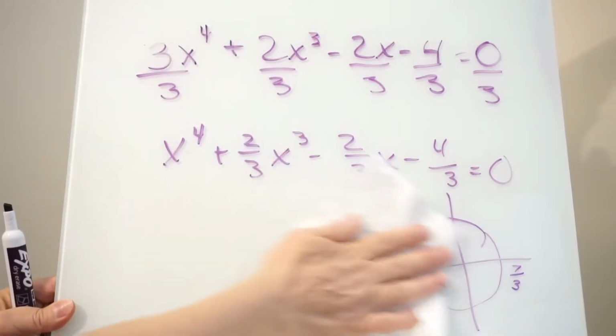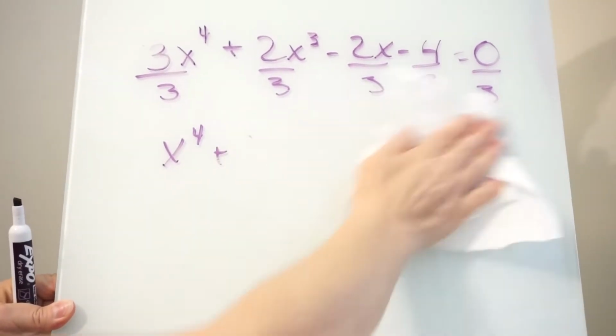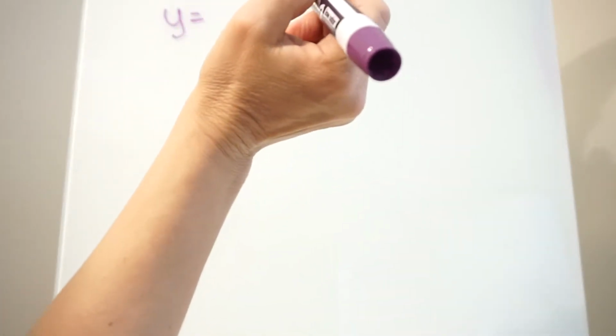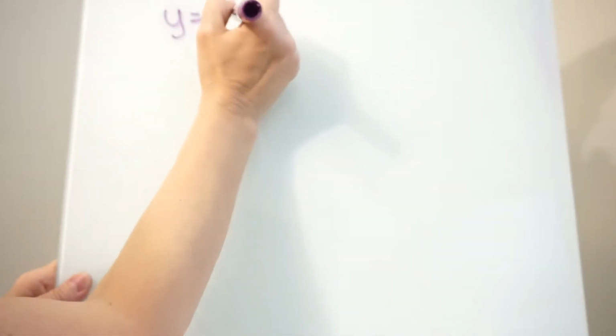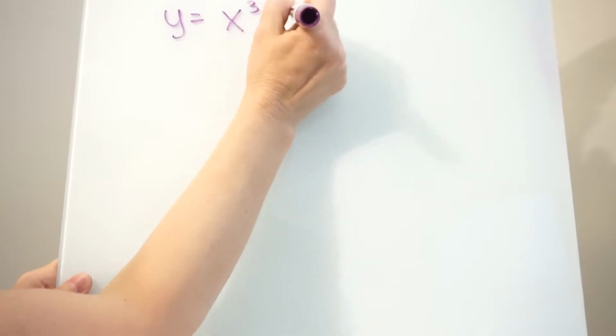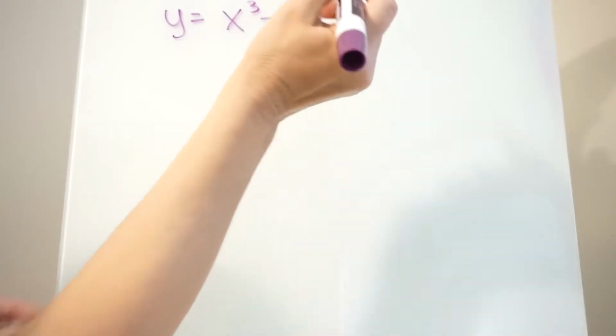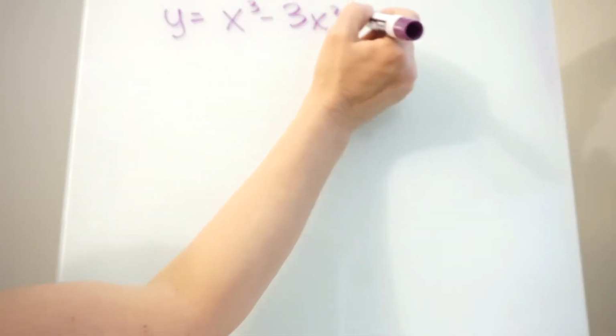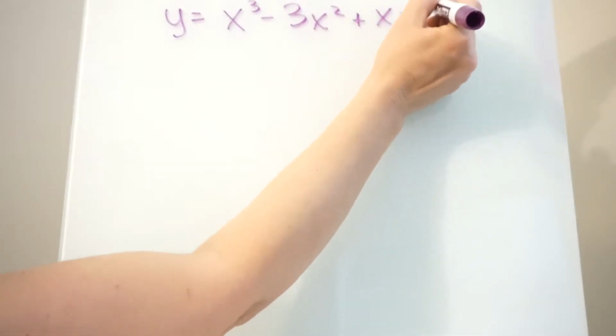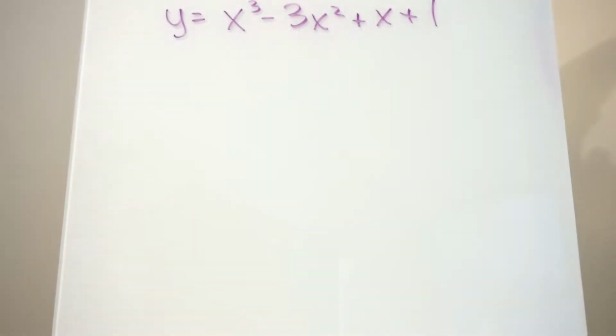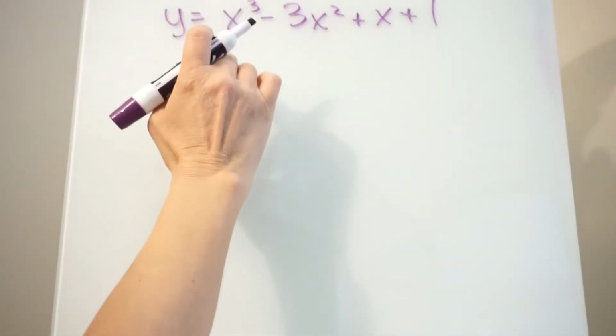All right, let's look at the examples. Example 116.1 says to graph y equals x cubed minus 3x squared plus x plus 1. Let's take a look at what we've learned in previous lessons.